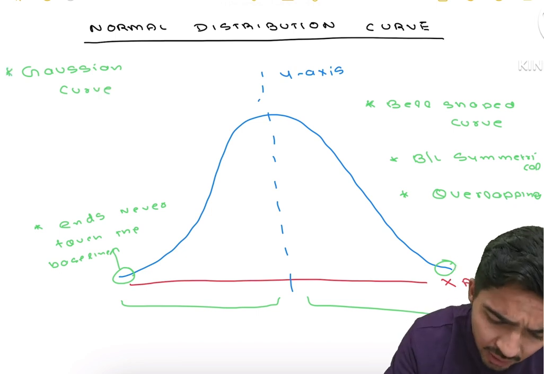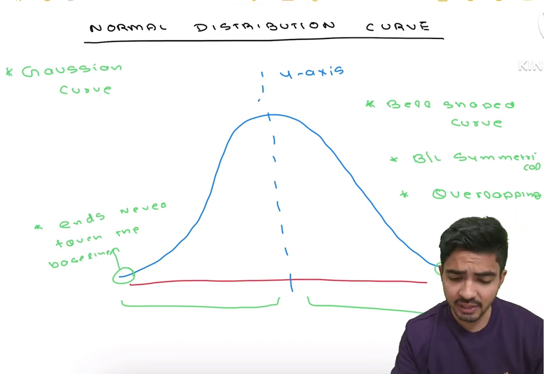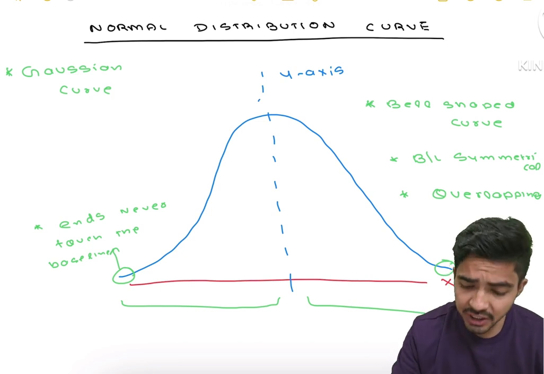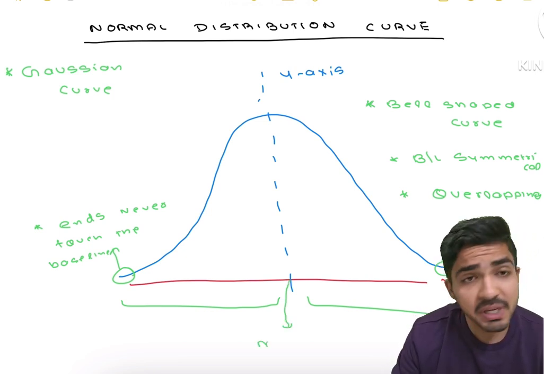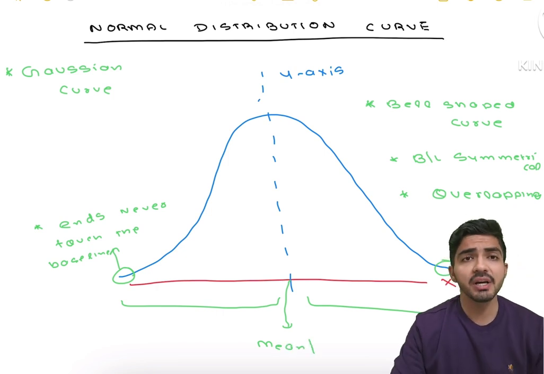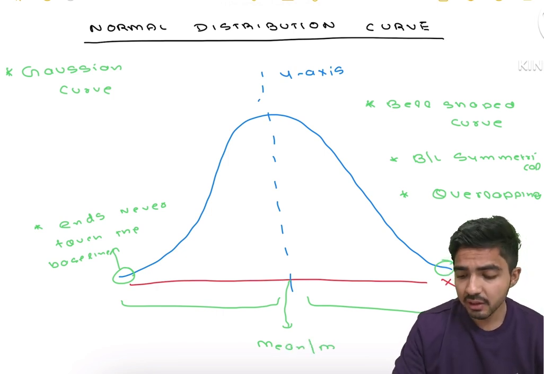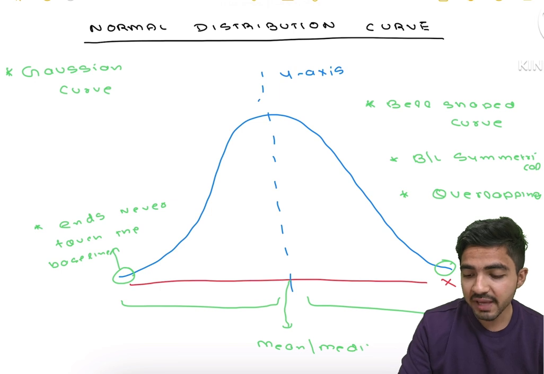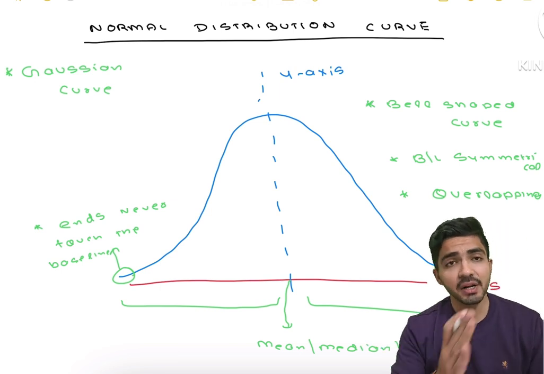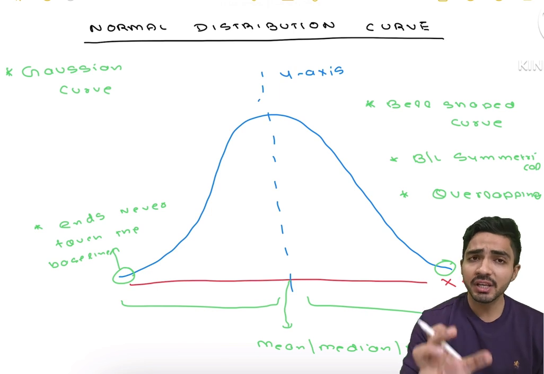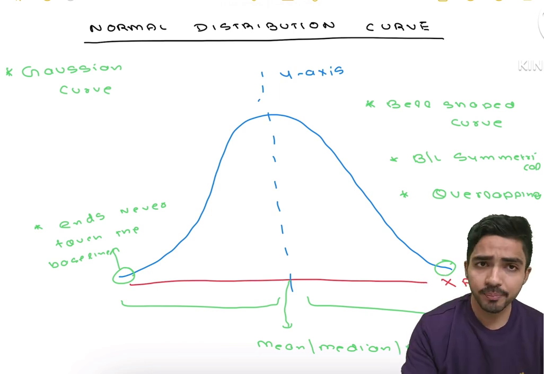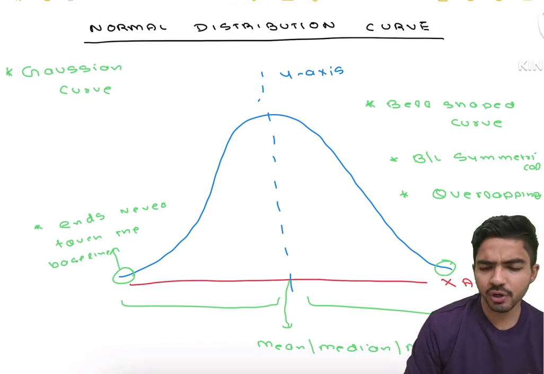The central axis, that is the y axis, as I have made, denotes three things. Here lies the mean, here lies the median, and the mode also lies here. So the central y axis denotes mean, median and mode. So this was the theoretical part.